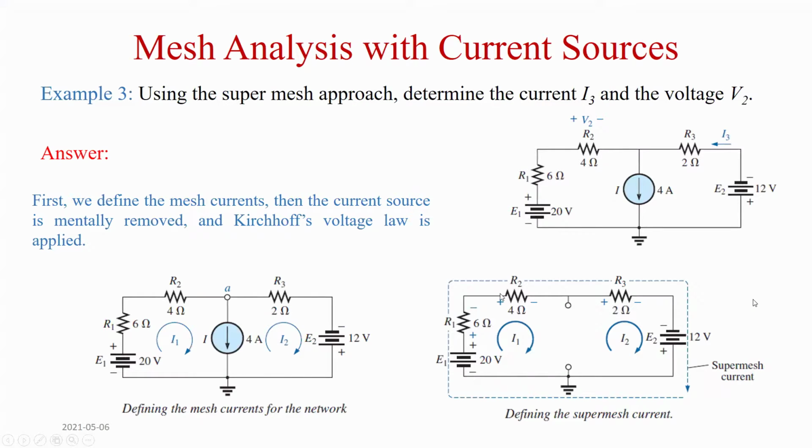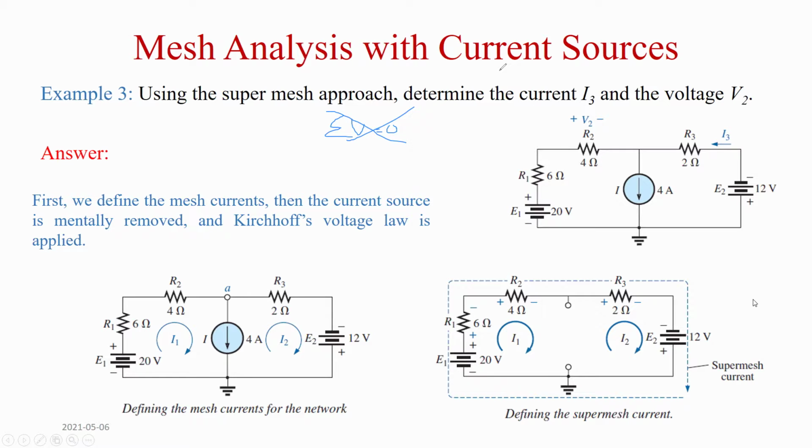Look at this one. Here we have a current source. Once you have a current source, think of different ways. You're not going to do the sum of the voltages equal to 0 right away, no, because you don't know the voltage across this guy.